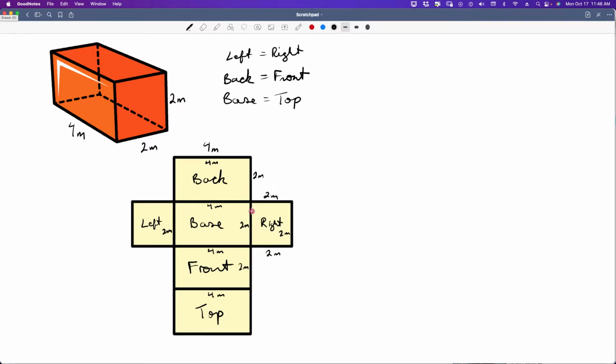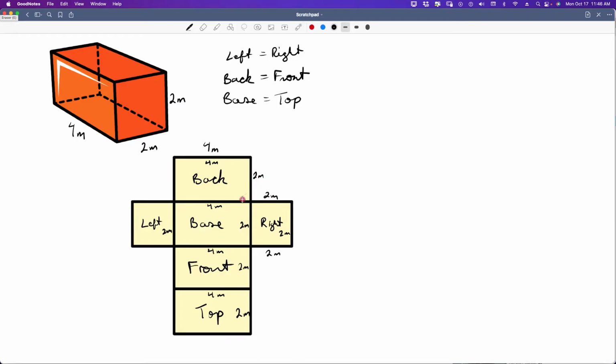And because we have the look across here, this is 2 meters and this is 2 meters, when we fold this up, here's our top, right? This is the front, this is the top. This length right here is the same as this length right here. And this is directly above this. So that means when we do the look across, this is 2 meters as well.